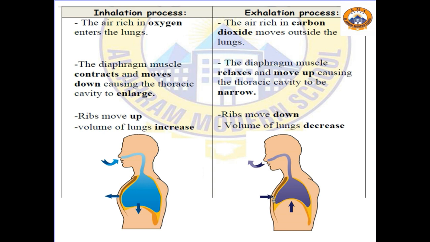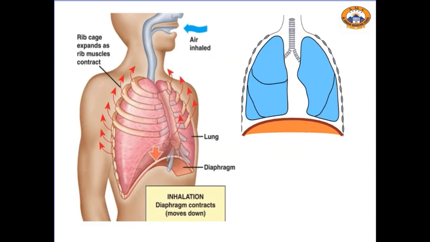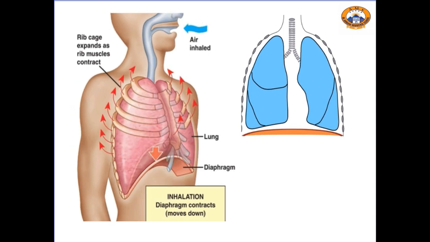Observe the volume of the lungs. The volume gets smaller, or decreases. So during the exhalation process, the diaphragm, as we said, moves up and the lungs get smaller inside.